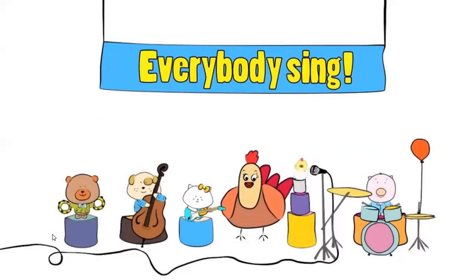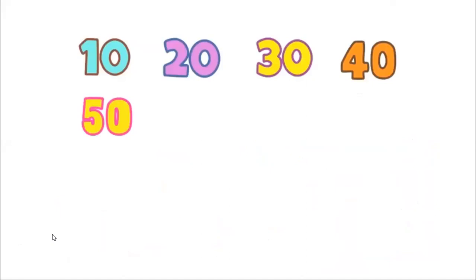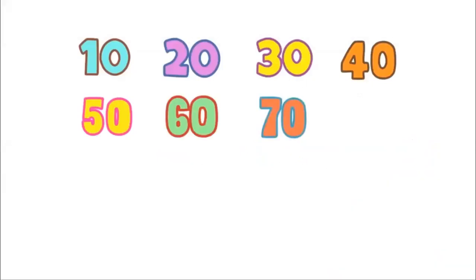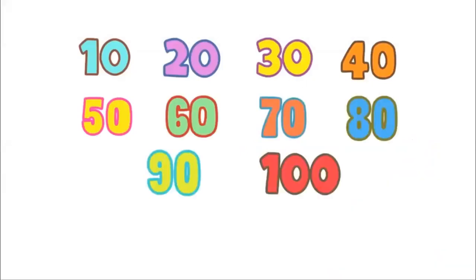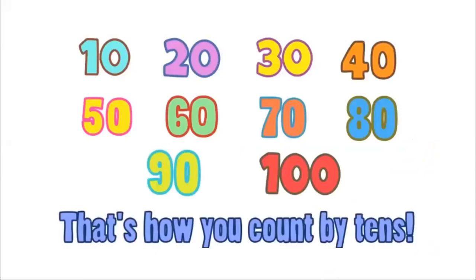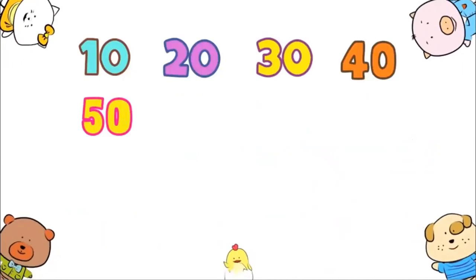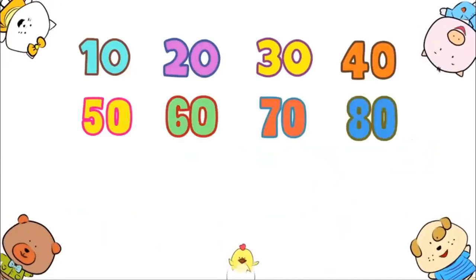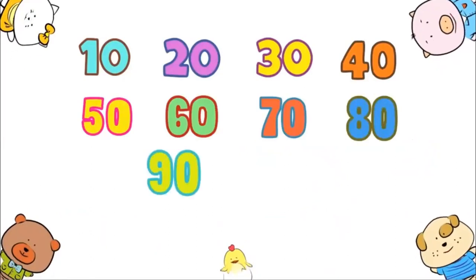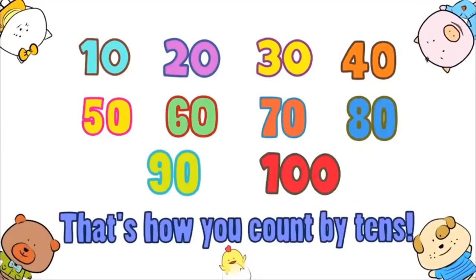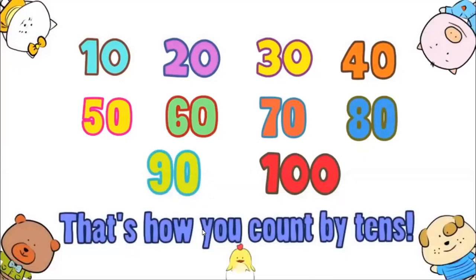Everybody sing! 10, 20, 30, 40, 50, 60, 70, 80, 90, 100. That's how you count by tens.